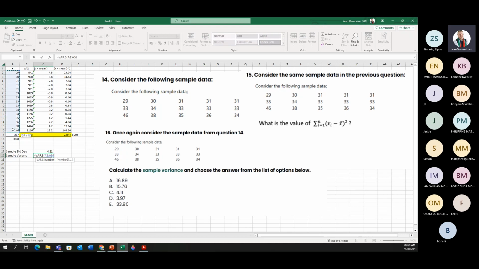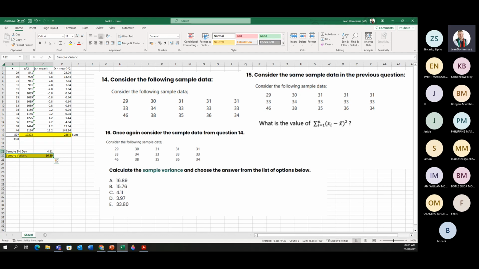Okay, so again, to save time, you can use Excel for that. Sample variance, 16.89.